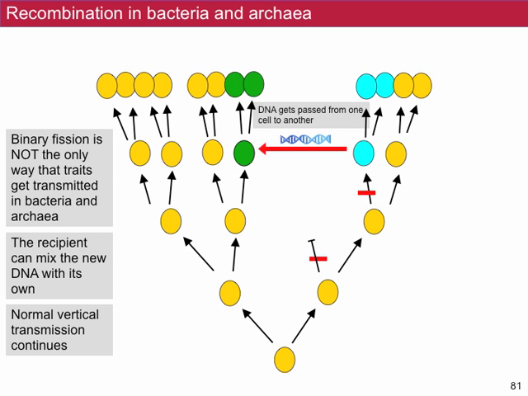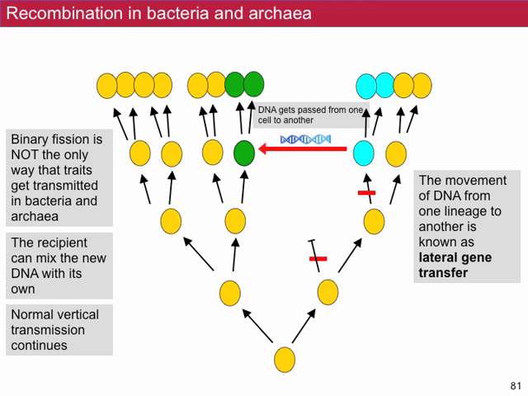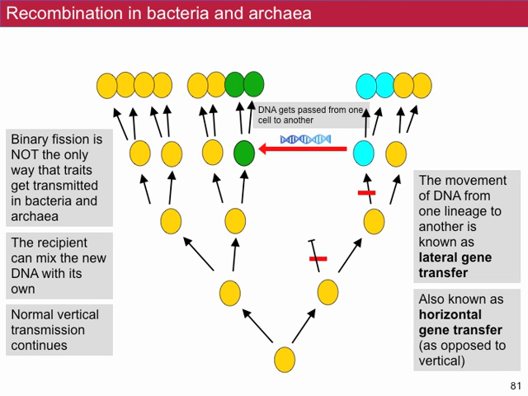Many people call this lateral gene transfer. It's also called horizontal gene transfer, to contrast with vertical inheritance. This is now horizontal inheritance from one lineage to another. A very similar thing at some levels occurs within eukaryotes by sexual reproduction.